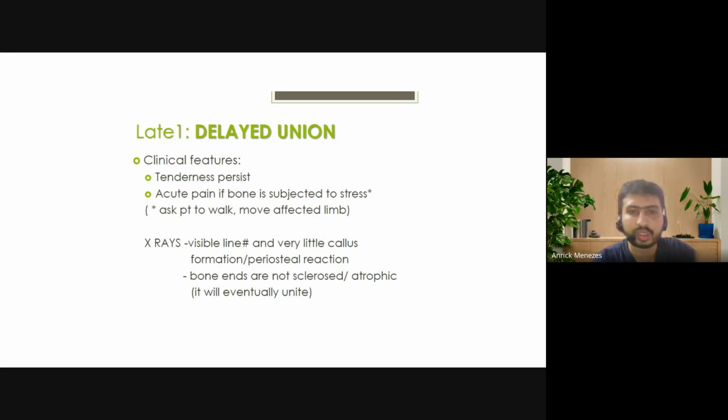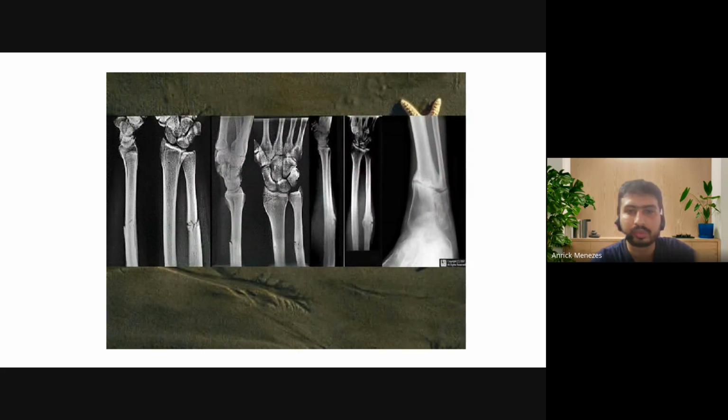Clinical features: tenderness persists, acute pain if subjected to stress, X-rays show a visible fracture line, very little callus formation or periosteal reaction, or atrophy. See here, there is some amount of callus, but you can't appreciate it. Again, it depends on how the fracture was initially. You need to compare.